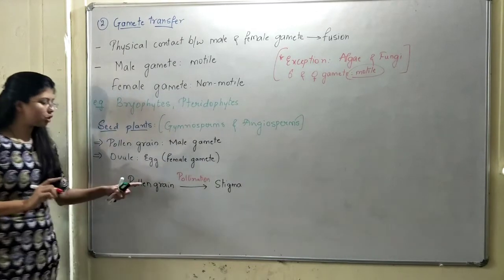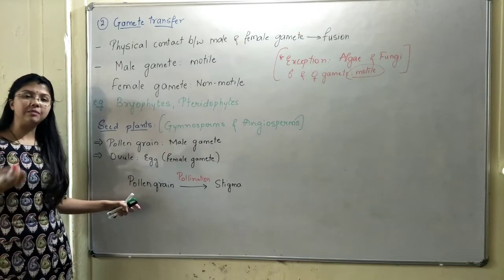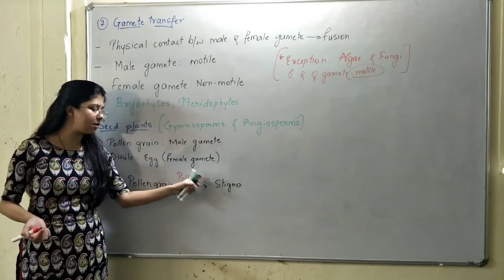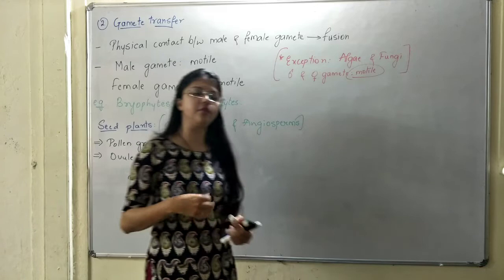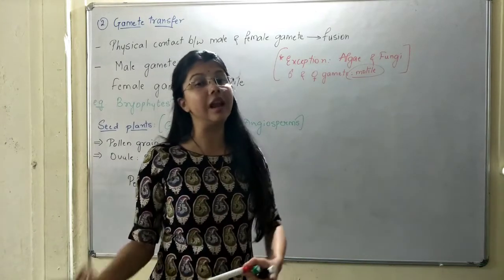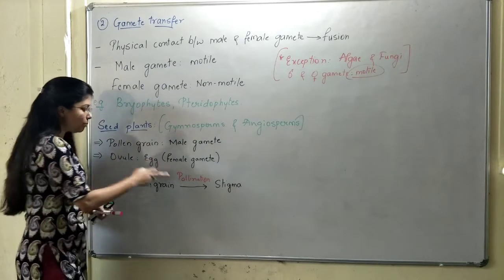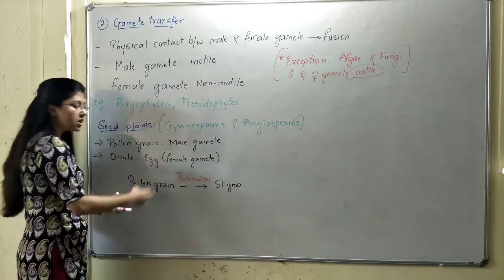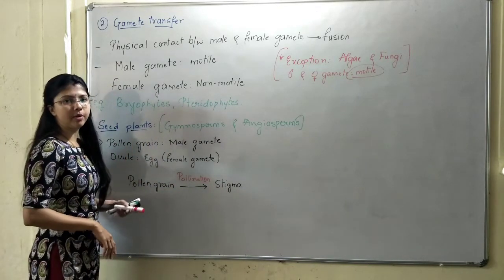The process by which the pollen grains are transferred from the male flower, or the male reproductive part, up to the stigma of the female reproductive part is called pollination. Pollination can be done in different ways, which we will be studying in the next chapters. But for the time being, remember that pollination is a process in which the pollen grains, which carry the male gamete, are transferred up to the stigma, which is part of the female reproductive system.